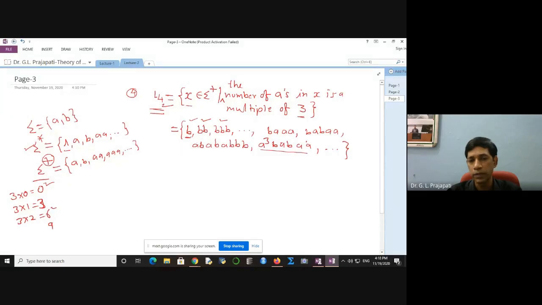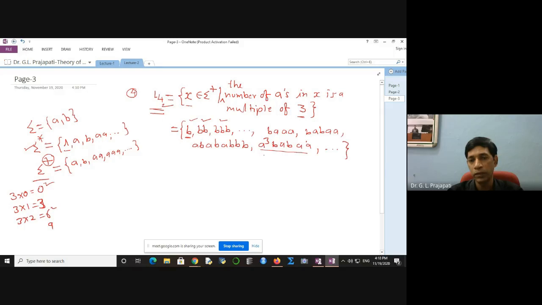Either the sentence contains B only, no A, or your sentence contains A in a multiple of 3. So you have 3 times or 6 times, 9 times, and so on. And there is no particular order. A can come before the B or A can come after the B.